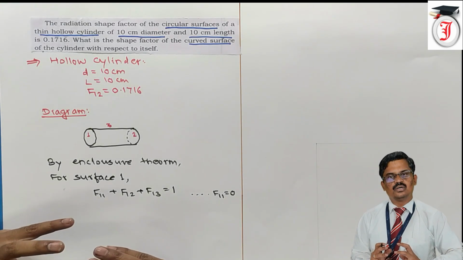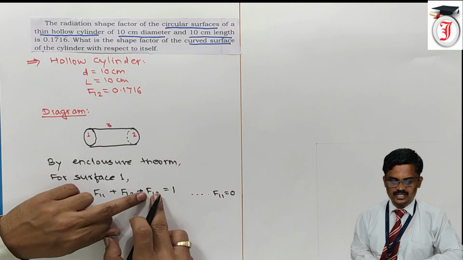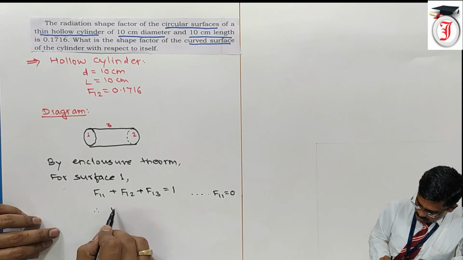Radiation shape factor with respect to itself is 0. The value of F12 is given, so we can easily determine F13.